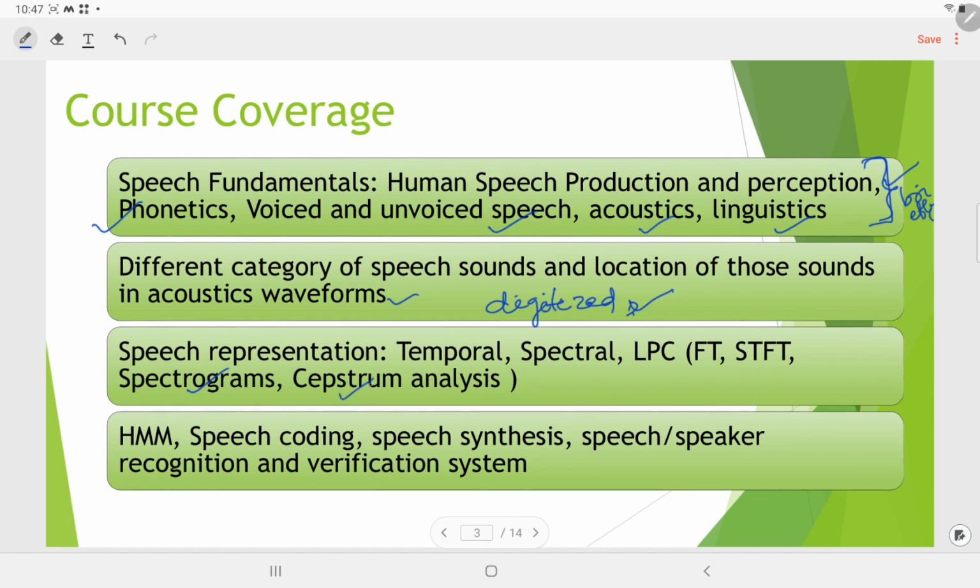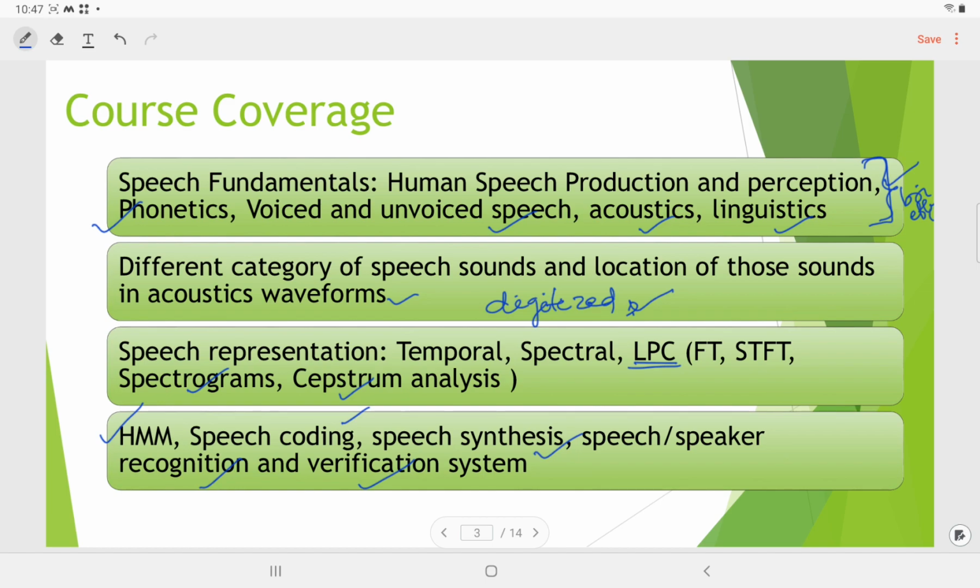Apart from that, we will also cover linear predictive coding for speech signals, and then we will study the hidden Markov model. After that, we will study a few algorithms of speech coding, speech synthesis, speaker recognition, and verification systems. So these things will be mainly covered in this course.